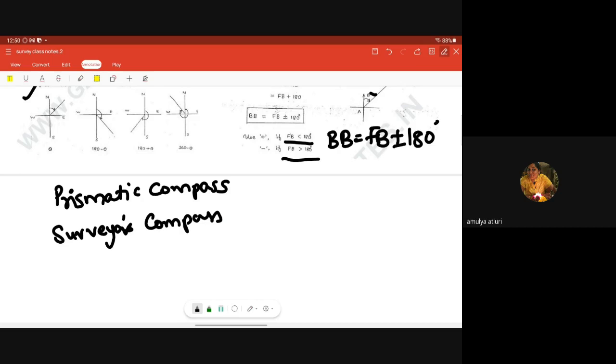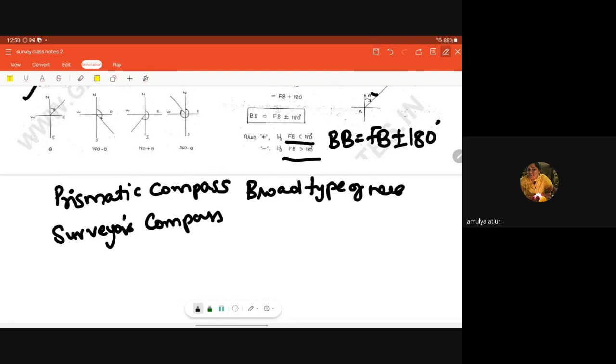So what is the main difference between prismatic compass and surveyor's compass? Prismatic compass has a broad type of needle, like this.